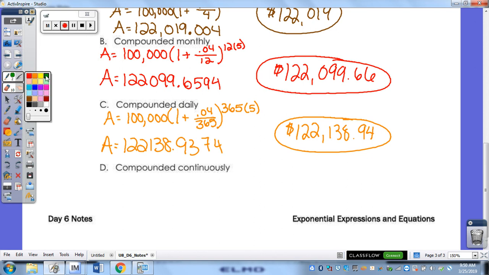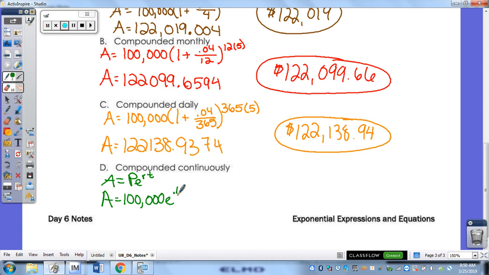And so then our last type, compounded continuously. That's going to be our different formula. That's going to be our PERT formula, principal times E to the RT power. So again, our principal is still 100,000. E stays as E. Remember, that's a button in your calculator.